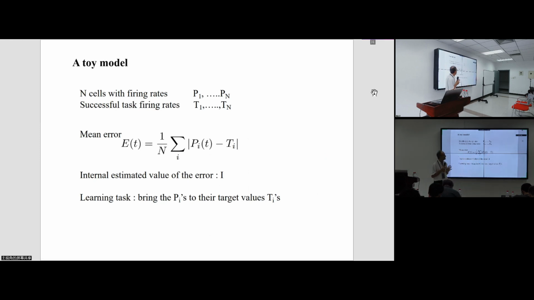And what I measure is not the individual firing rate of these cells, but the sum of the deviation, so the global error. As I said, I have an internal estimate for this. And now what I want to do is to bring these to their target value. Okay.